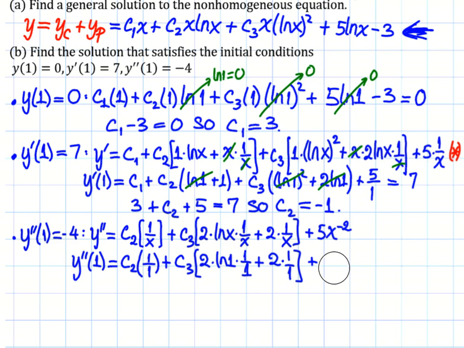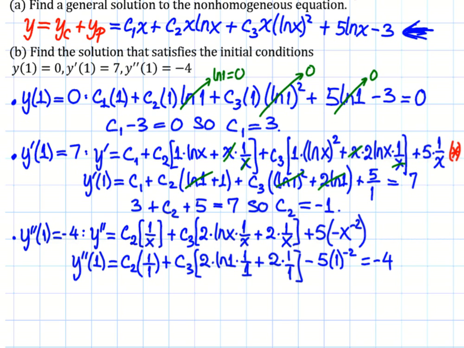By the way, it is not plus 5x to the negative 2. It is negative, so it will be minus 5 x to the negative 2. So we just say 1 to the negative 2. And that is the second derivative, which equal to negative 4.